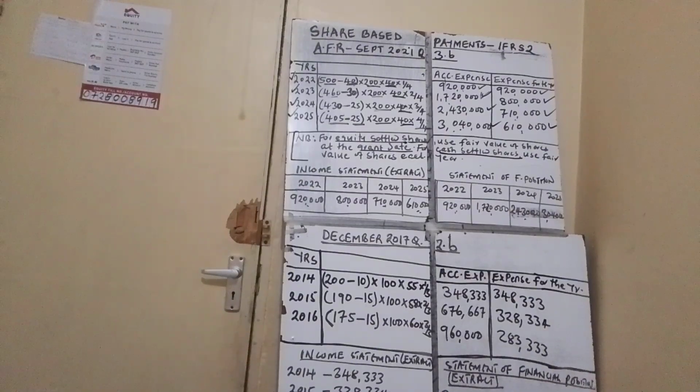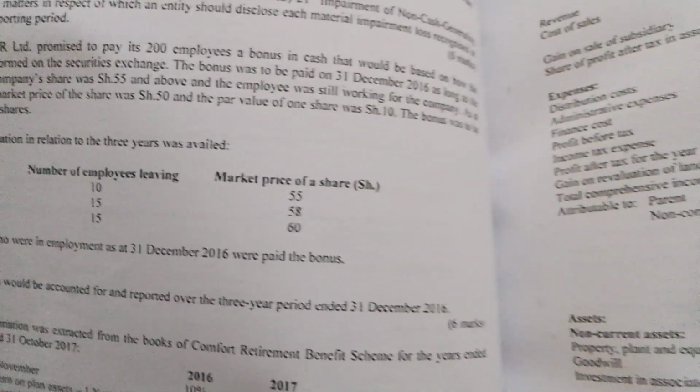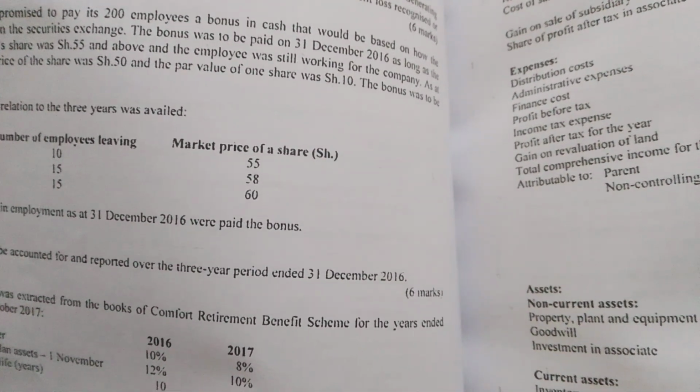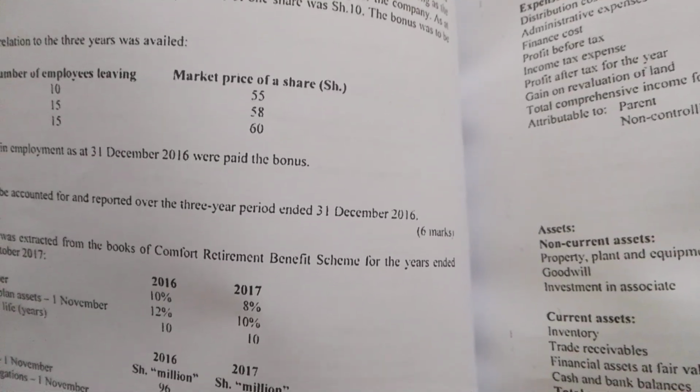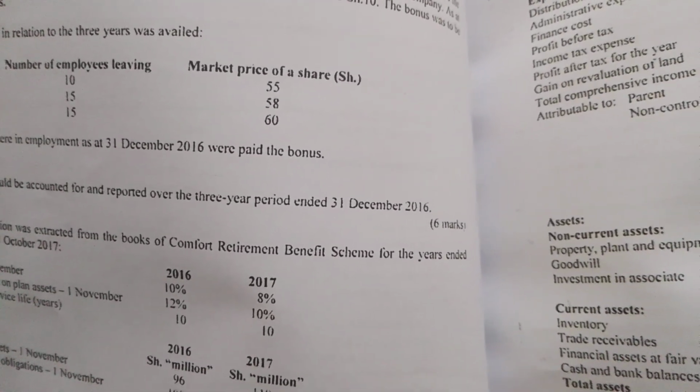Now that's important, so I think it is important that I show you that. You can see market price. If you look at the last column, market price of a share, you have shillings 55, 58, and 60.